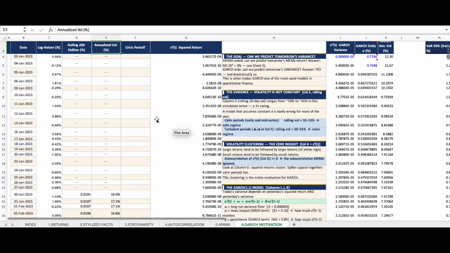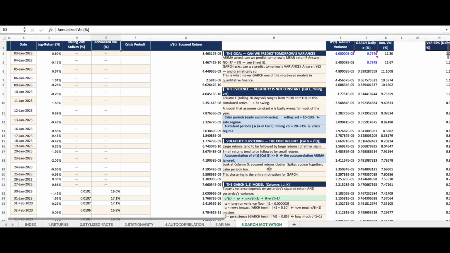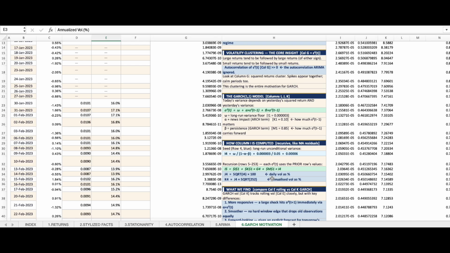So what is GARCH? Generalized autoregressive conditional heteroscedasticity. It sounds complicated, but it's actually a simple idea. Think of it this way. We observed that large squared returns cluster. Big moves follow big moves.